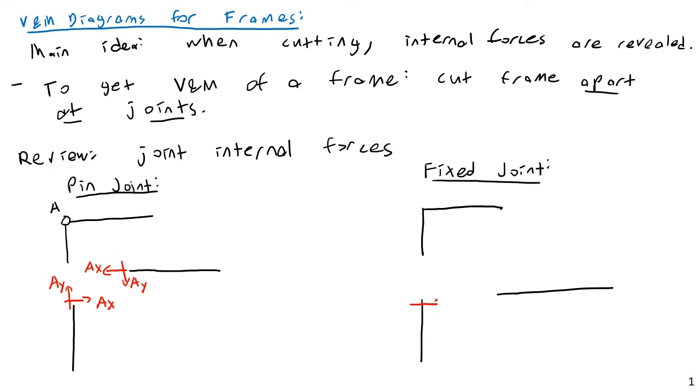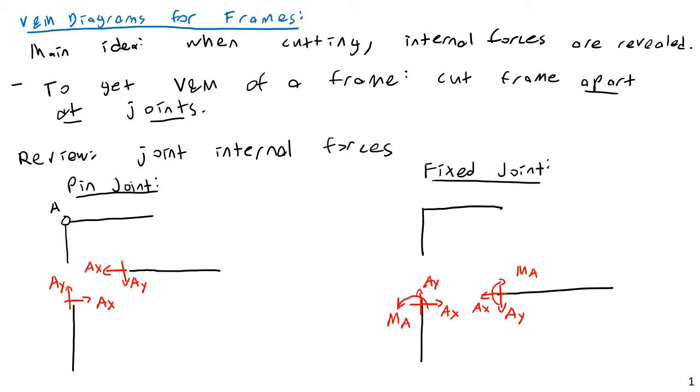So I'd have an AX, an AY, and also an MA, the moment being transferred through joint A. Then an MA in the opposite direction, an AX in the opposite direction, and an AY in the opposite direction.